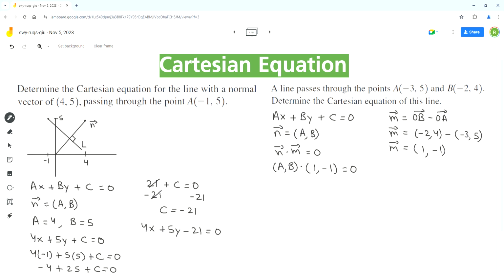So we should multiply their x and y components. So we get a equals b. This means we can use any non-zero values for a and b as long as they are equal to each other. The easiest value we can use for a and b is 1.